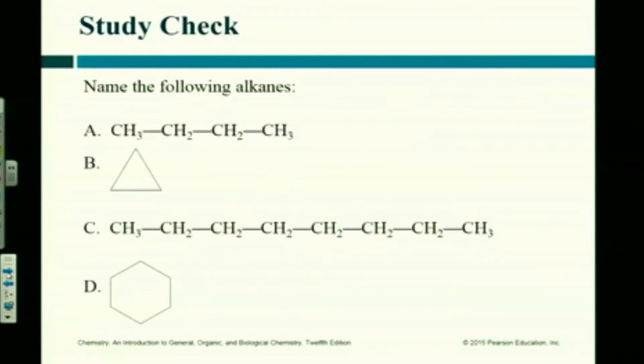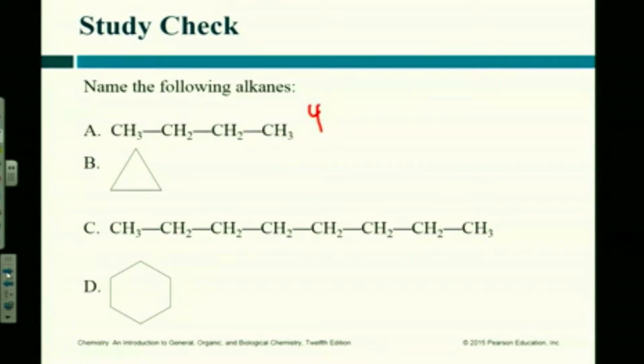All right, can you name these 4 then? Butane. The first one has how many carbons? 4 carbons.